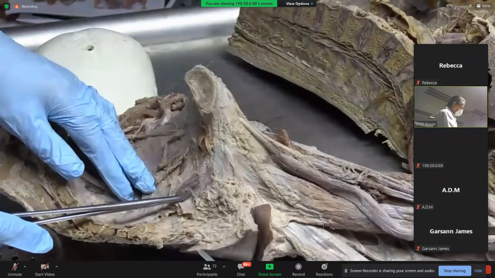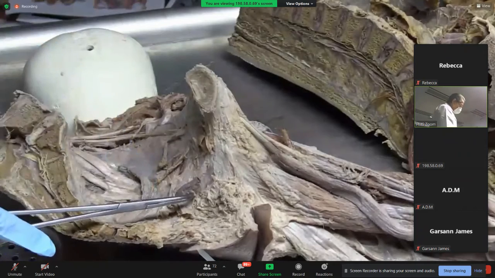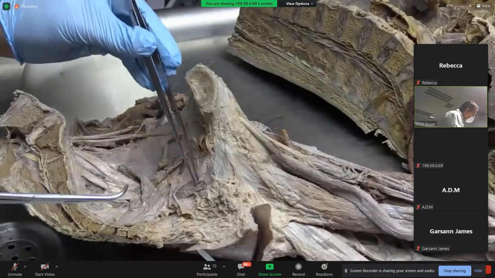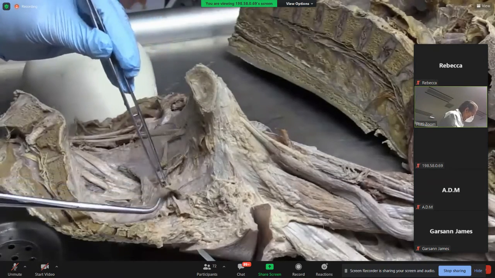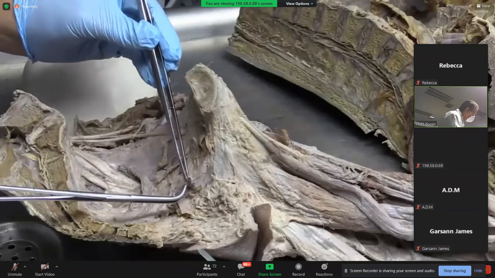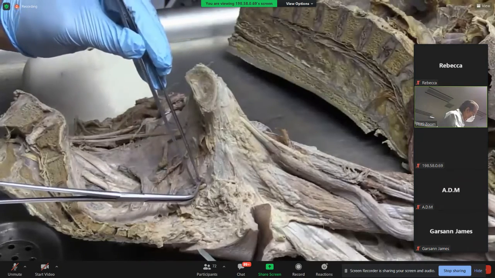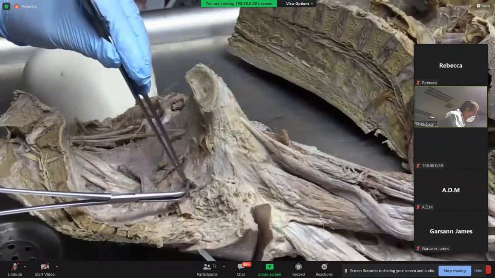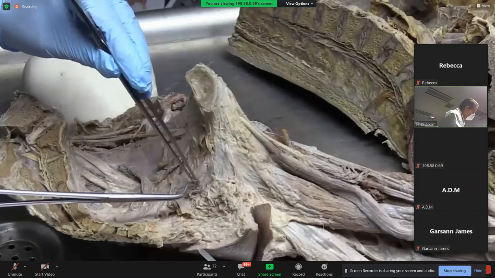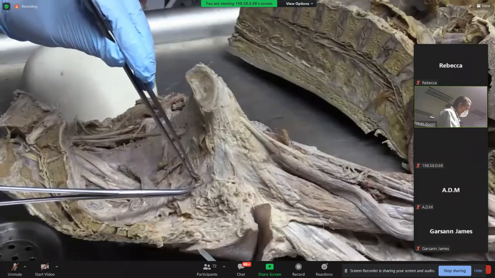I can't show you everything, but I'm going to show you what I've been able to dissect out. This is the pudendal nerve, that's it there. So the internal pudendal artery, and internal pudendal vein, and this is the pudendal nerve.